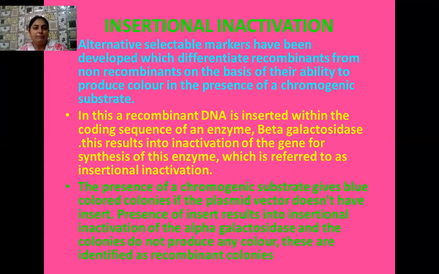And if the particular cells are non-transformants, then they give the blue color. So if blue color develops, this means the progeny cells are non-transformants, and if the blue color does not develop, then the progeny cells are transformants.